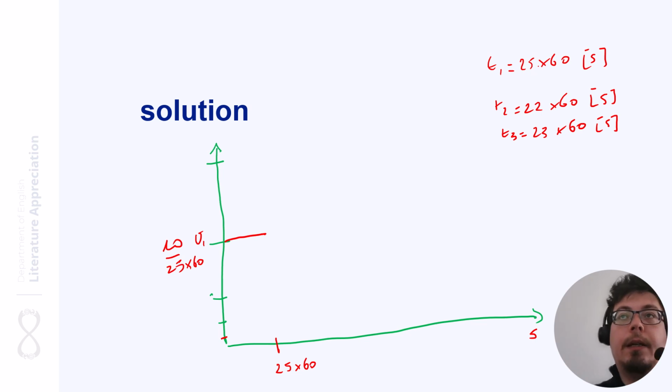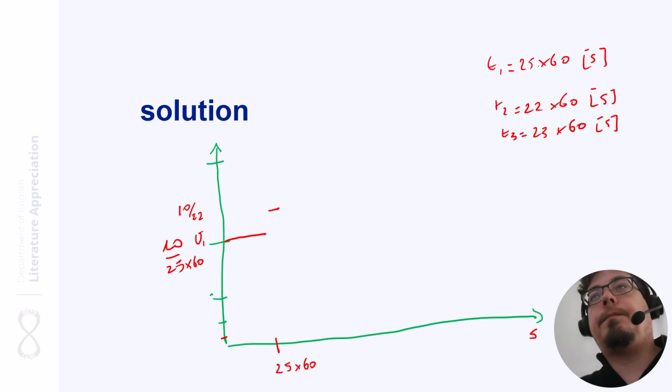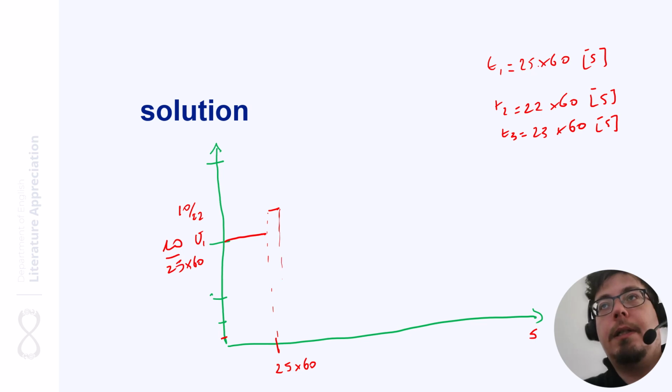And then it goes 10 divided by 22, which is slightly larger, for 500 meters. So a very short period of time. This is the speed for another short period of time because it was 500 meters only.